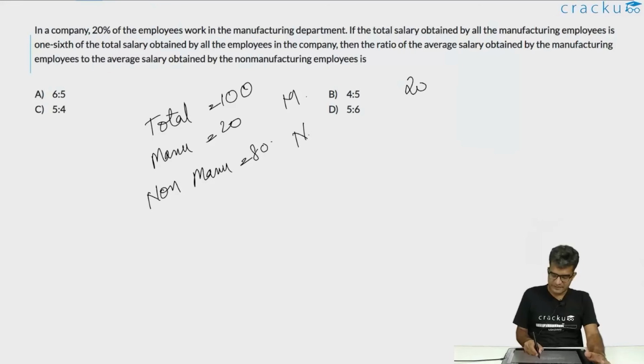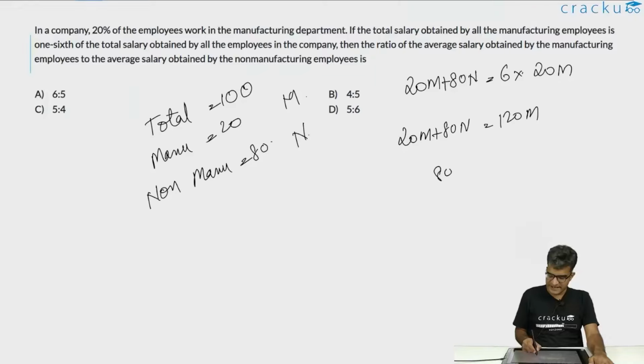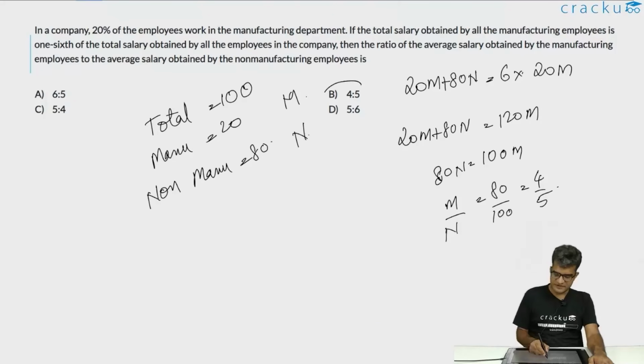It is 20M plus 80N. This we are told is 6 times the total salary of the manufacturing employees, which is into 20M, or 20M plus 80N is equal to 120M, or 80N is equal to 100M. So the ratio of M by N is equal to 80 by 100, which is equal to 4 by 5. So the answer for this question is option B.